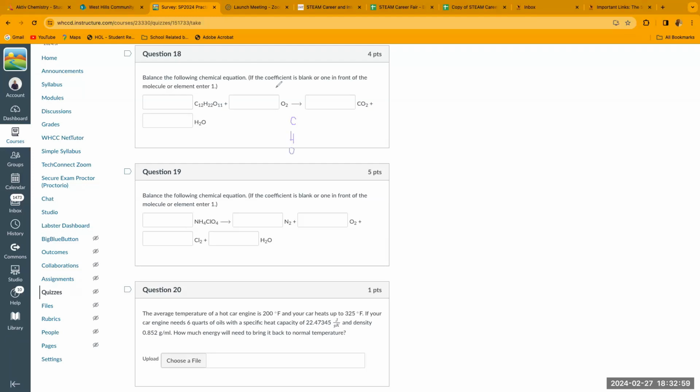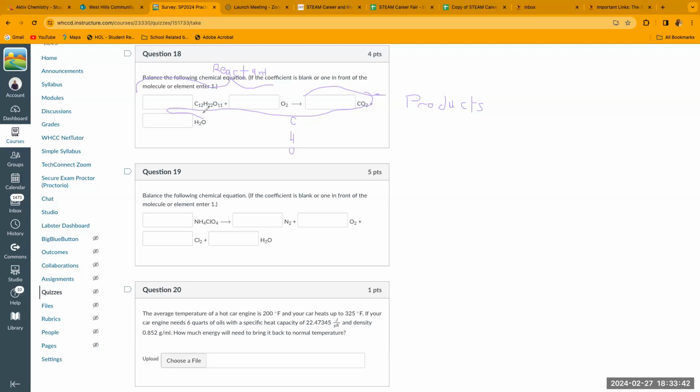So we know that this here is my reactant, and then this and this down here is my products.